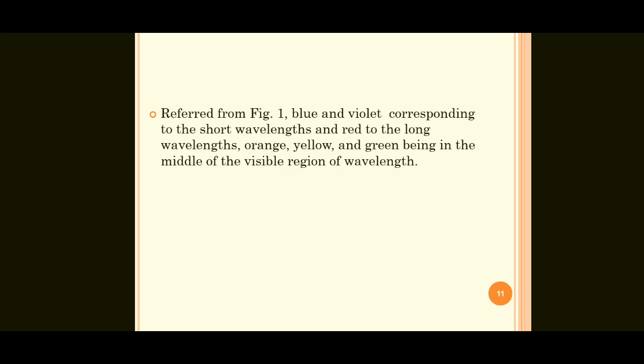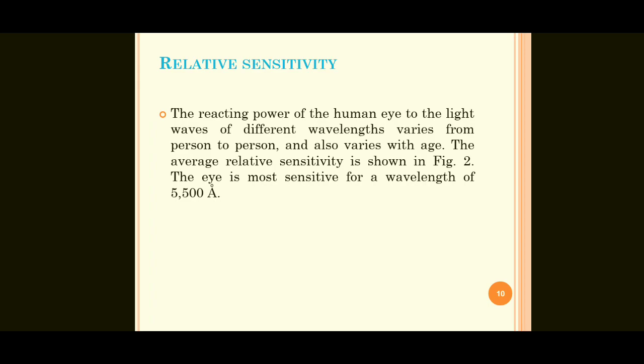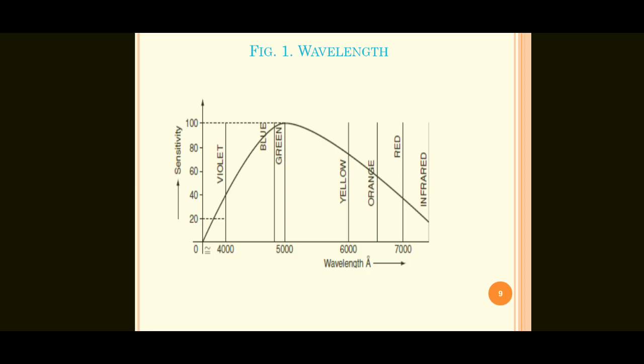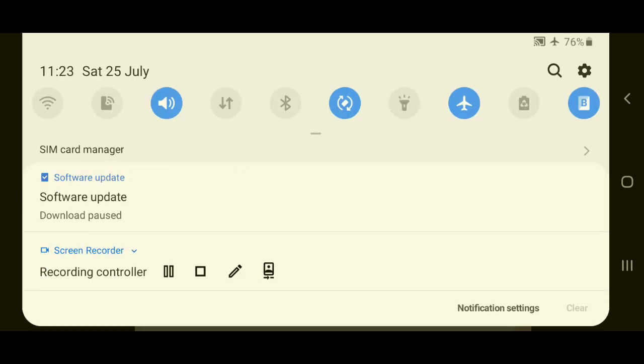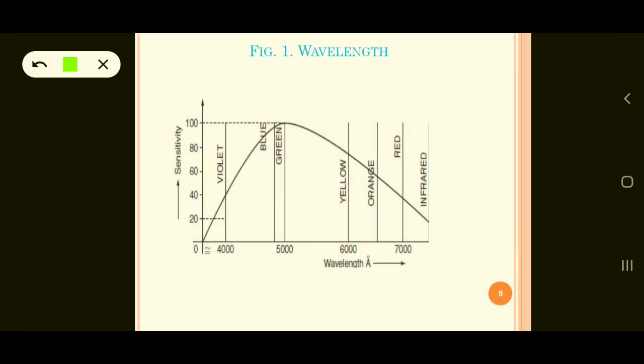Now see this one: blue and violet correspond to short wavelengths because they are present at 4000 and in between. So they are named short wavelengths.